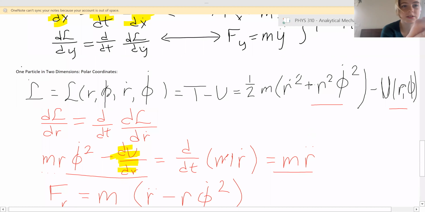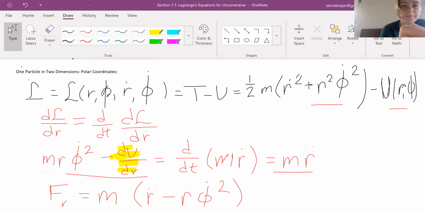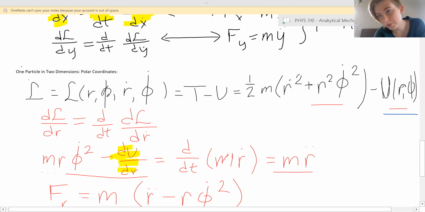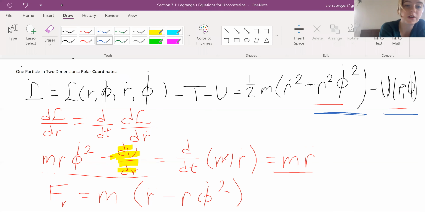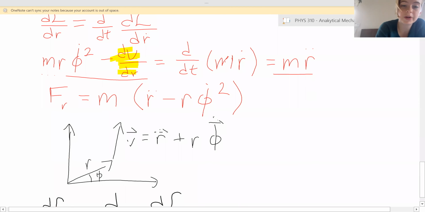That'll just leave us with part of the dU, r theta. So we don't have a theta elsewhere, so we're just kind of left with that, which we know will be a force. And then when we take its derivative with respect to theta dot, we'll end up with just that part. So let's go back down to where we're working.